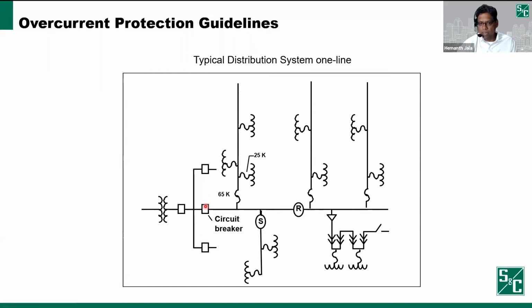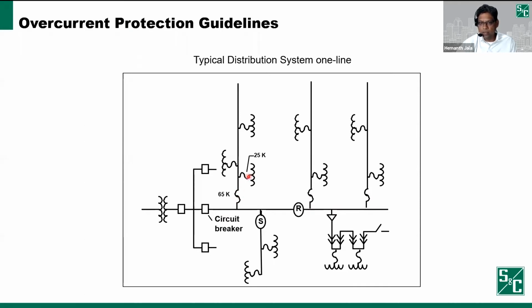You don't want the breaker to respond to any faults up here, because if the breaker were to operate, it's going to take out a bunch of other customers and other feeders online, and you don't want that to happen. And same thing with the 65K and the 25K.